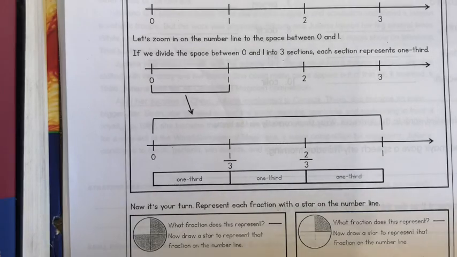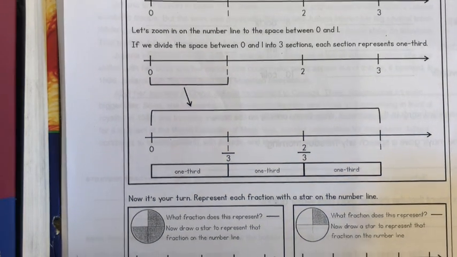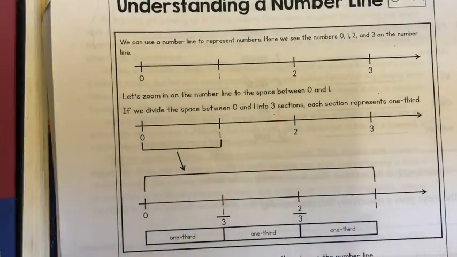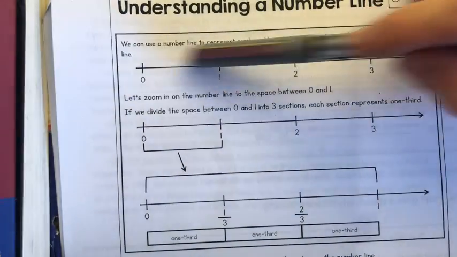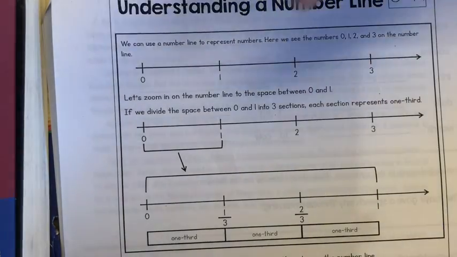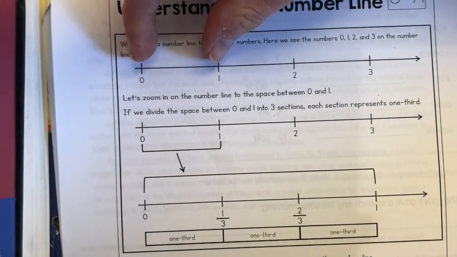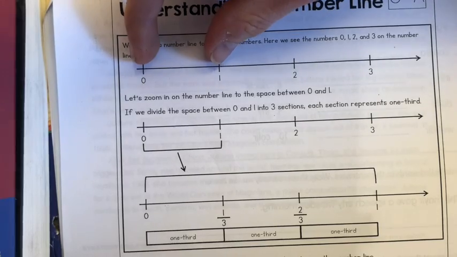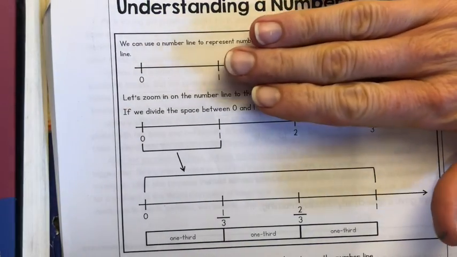Okay, and then if we divide the space between 0 and 1 into 3 sections, each section represents 1/3. So this is really confusing the way they've done this, but I'm going to try. They're taking just one number, the rest of these don't matter.